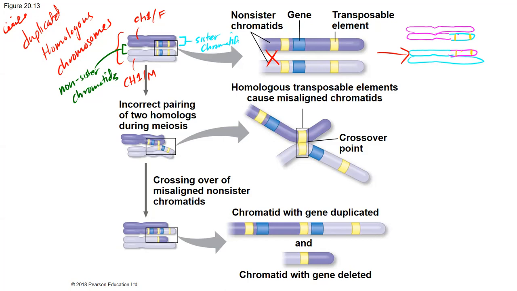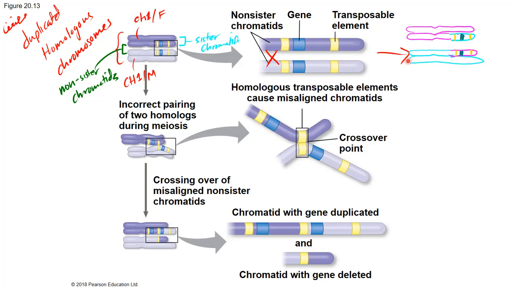Okay, and maybe here we have a gene, some sort of a gene. So the crossing over happens here and will result in exchange. This region of DNA will be exchanged with this region of DNA, like this.